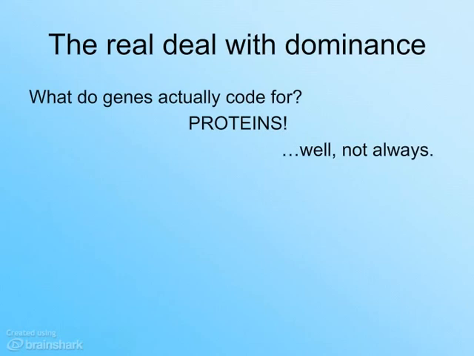For instance, let's take the example of blue-eyedness. If we go far enough back in history, we're going to get to a point where there weren't any blue-eyed people around. And that first person who was born with blue eyes probably had a mutation that occurred in the gene that coded for a protein that caused melanin to be produced in the iris.